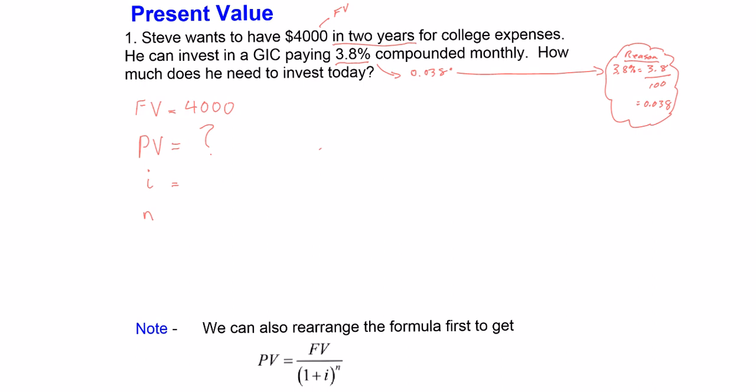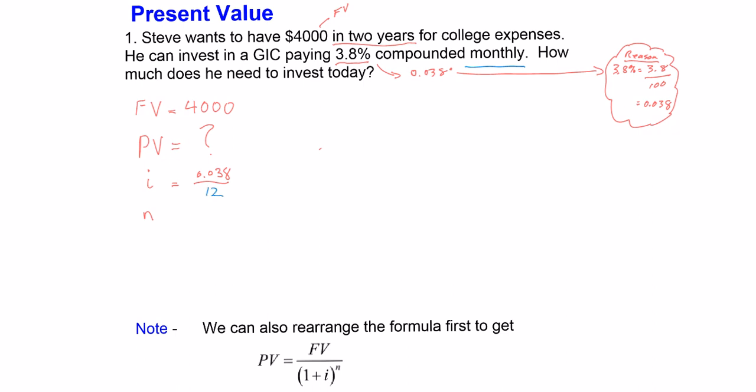We do know what I is. It's exactly what we were doing yesterday when we were calculating the rate. We basically would just come up with 0.038, and then we would notice that this assignment is compounded monthly.